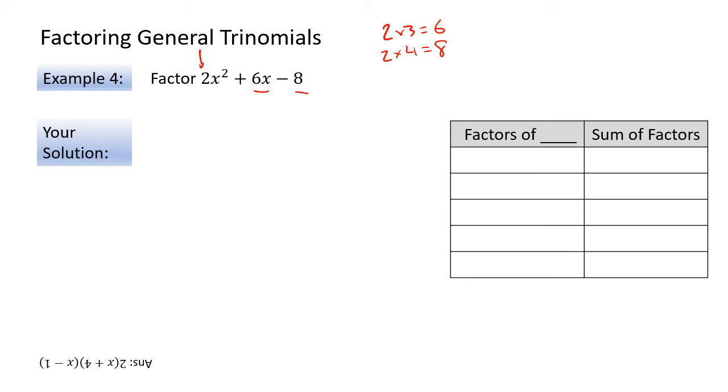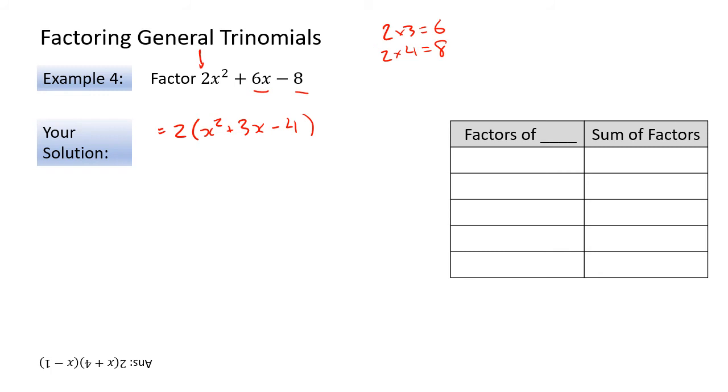So we can factor out a 2 from all three terms. And if we do that, we're left with 2 times x squared plus 3x minus 4. Okay? So now we have just an x squared with a 1 behind it. Let's see if we can factor this appropriately.